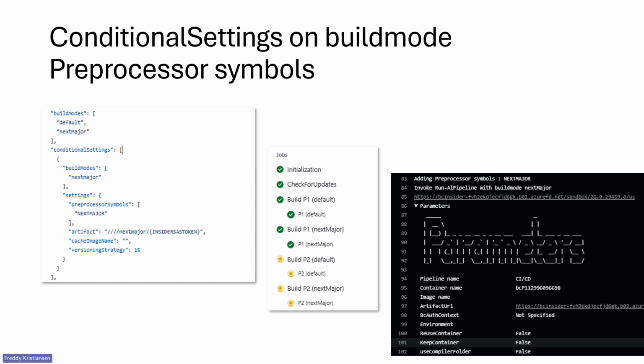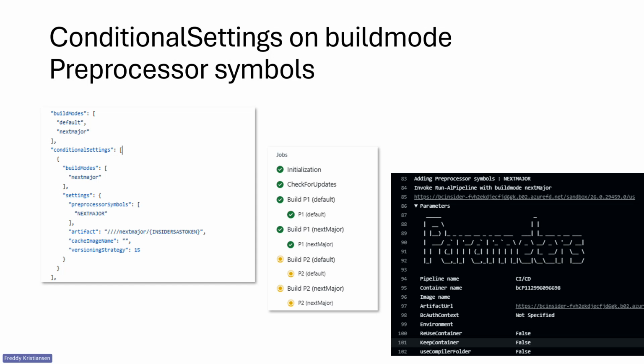On the left-hand side, you'll be able to see the settings it takes to do conditional settings. With conditional settings, you can make the settings in the settings file apply when certain conditions are met. You can do conditions on which workflow, now on build modes as well, and various other topics.